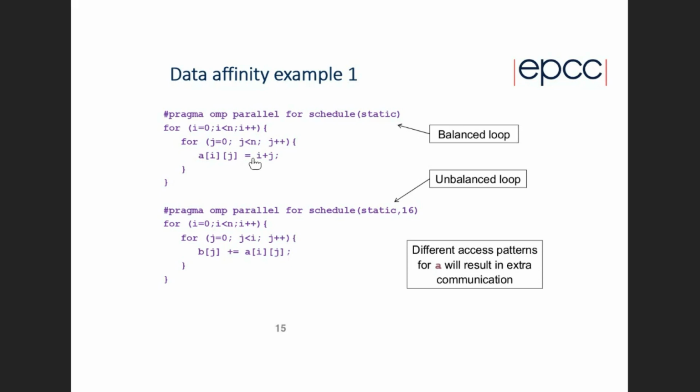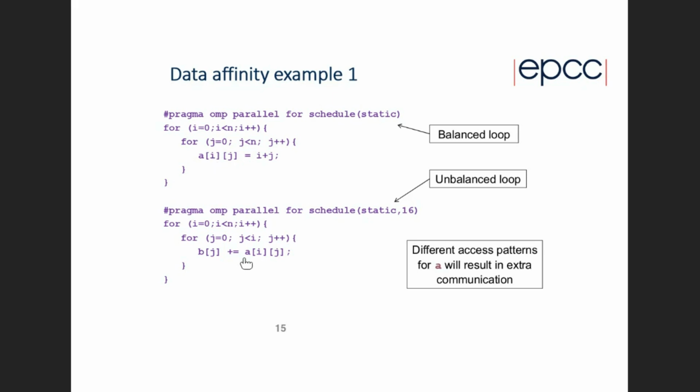But that gives us a problem because of the interaction between these two loops. In the access pattern, typically the thread which is reading a particular value of A(i,j) in this loop, because of the different schedule, is not the same thread that wrote the value here.